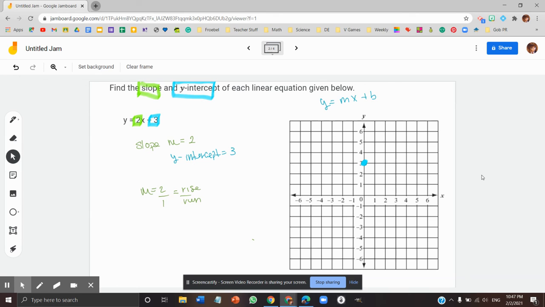And 1 time to my right. So therefore, 1, 2, and 1 to my right. There is going to be my next dot right there. And if I have to, I can draw a line.